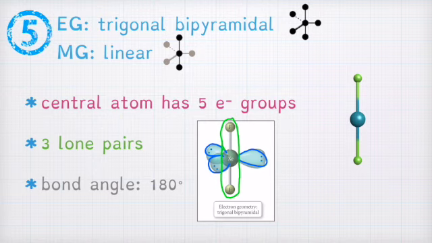And so the name of this molecular geometry is also linear. So this is the second way to achieve a linear geometry. So we have, in this case, xenon difluoride, and it has 3 lone pairs that you don't see on the xenon. All you see is the line it forms with the fluorines.